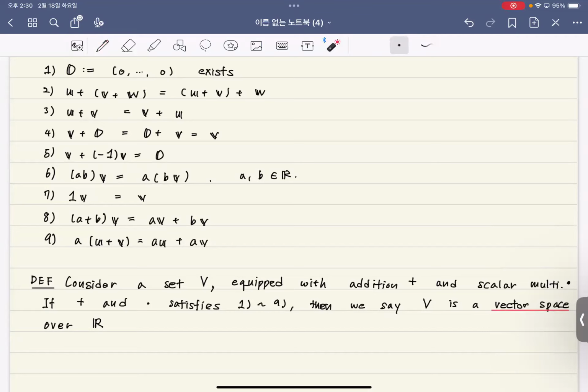So these 9 properties define what a vector space is.